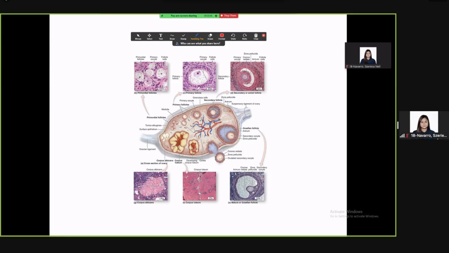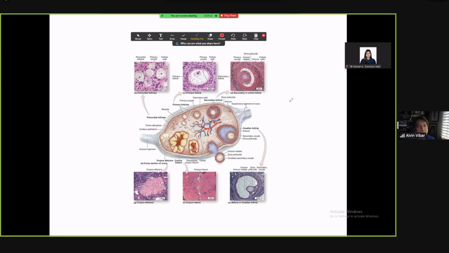Primary unilaminar is lined by a single layer of cuboidal cells, cube-like, and then you have the appearance of the zona pellucida. Your growing follicle, otherwise known as primary multilaminar, is surrounded by several layers of cuboidal cells, stratified cuboidal.